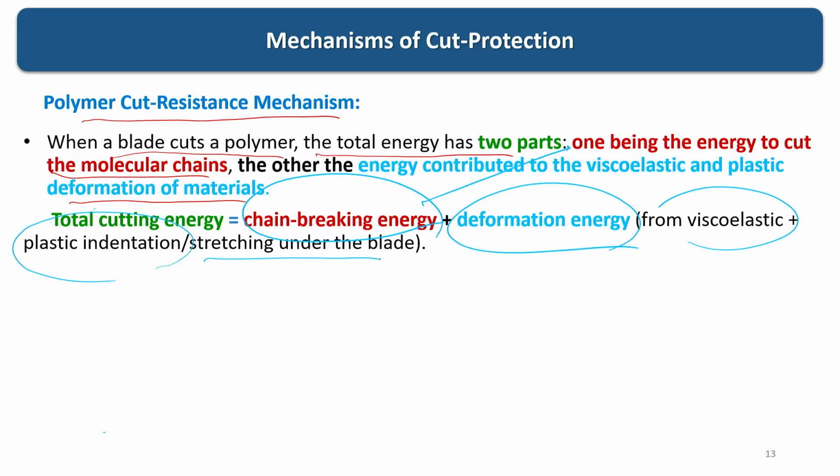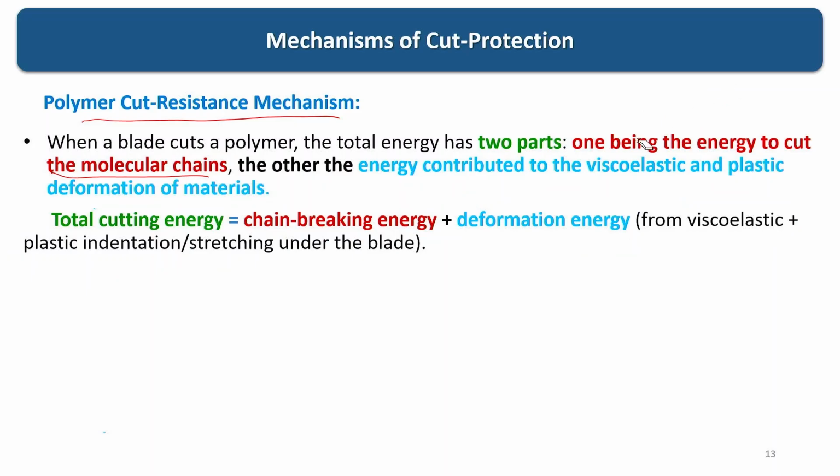So, as I have mentioned, when there is a force acting, force by the knife or sharp object, the material gets deformed, there will be molecular sliding and stretching of the material. So, in a polymer, the total energy is actually divided into two parts.